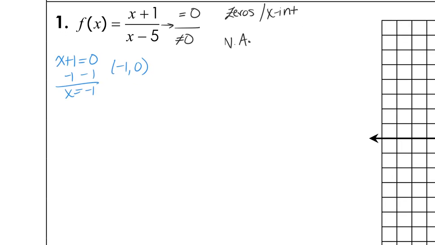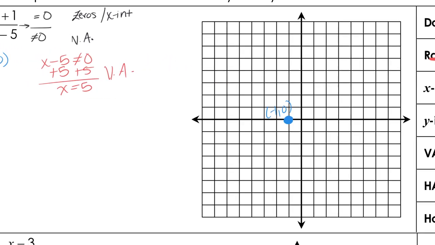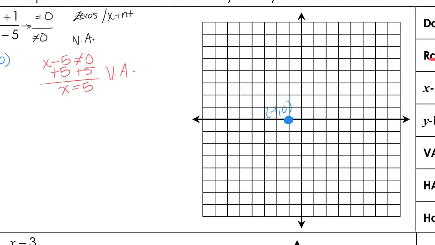My vertical asymptote comes from the denominator, which we said is never allowed to be 0. So if I add 5 to both sides, here is my vertical asymptote, an invisible line my graph never crosses, or that my graph approaches. What that translates to on a graph is over here, 1, 2, 3, 4, 5. We draw it using a dashed line.